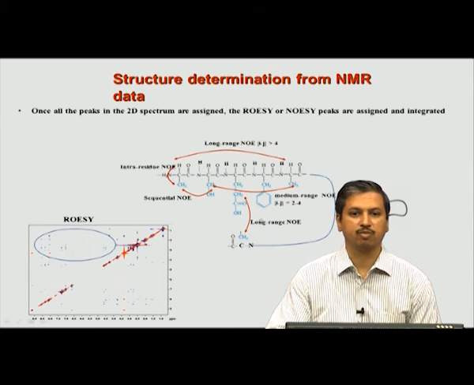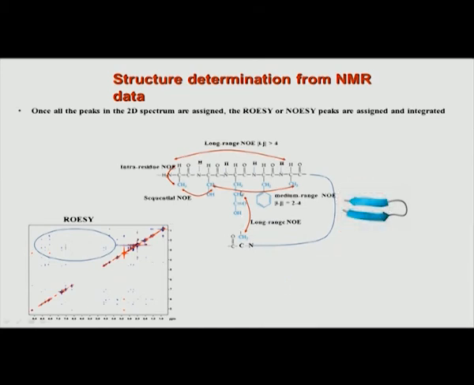Now, here we may again see a chemical shift correlation between two atoms, that is the beta of this and the alpha or beta of this or gamma of this. This is, for example, a glutamic acid. So, I may see a correlation between this methyl and this methylene because of this structure here. The blue color is the beta strand, and they are turning around, and these two are coming close.